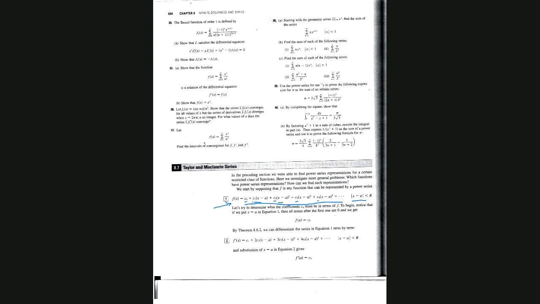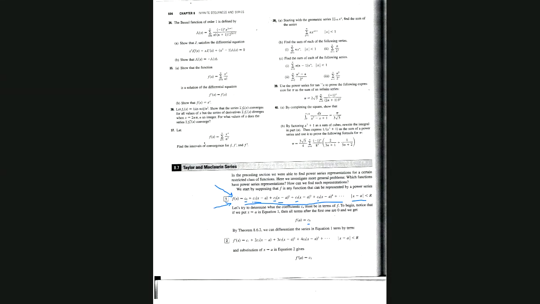When we put x equals a in, a minus a is 0. So f of a would equal c sub 0, that coefficient. And so we have a formula for c naught. For this very general expansion, c sub 0 has to equal f of a, and a is a value that we would give. Maybe a is 0, maybe a is 2.